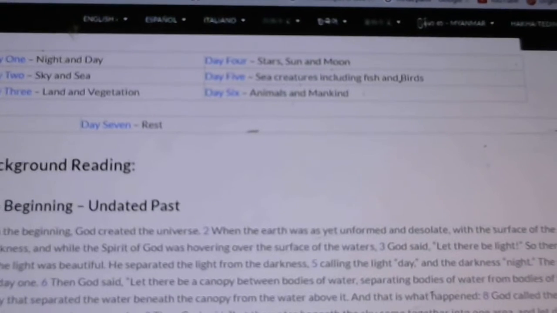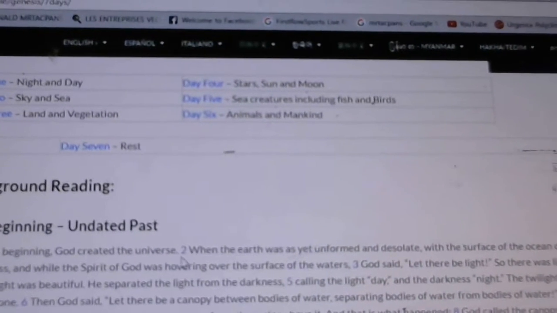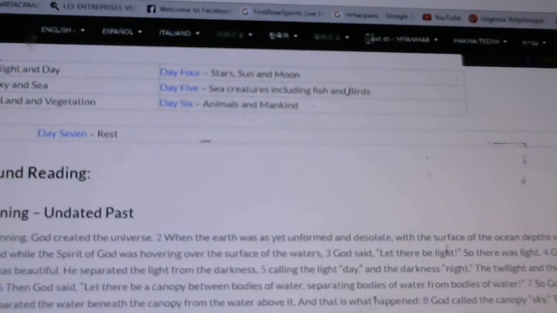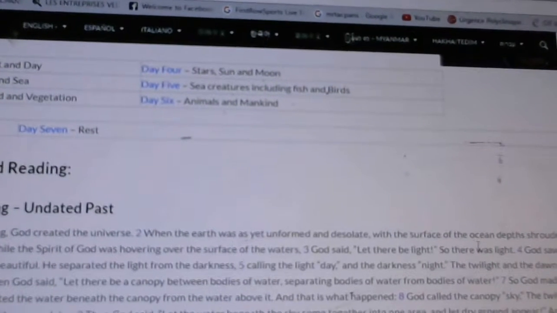The second day of the year, because the second day of the year is actually the year. Because when God divided the light, hold on a second. So God said, I'm reading over here. If you really take a look at this, in the beginning, God created the universe when the earth was unformed, desolate, with the surface of the oceans and the depth.